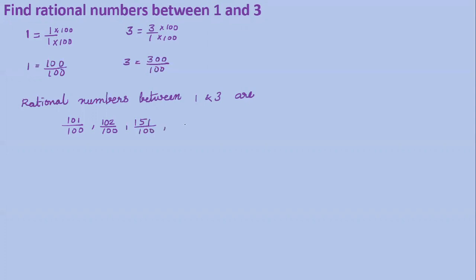You can write any number between 100 and 300 in the numerator, and the denominator is 100, and so on. You can write till 299 in the numerator by 100.